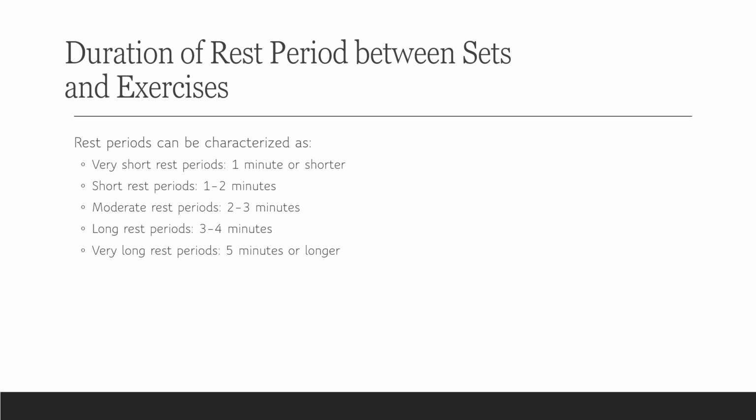The heavier the resistance, the more rest that should be allowed between sets and exercises. Also, more rest allows for a greater number of repetitions to be performed at a specific RM load. The gradual use of shorter rest periods stimulates improvements in the body's blood bicarbonate and intramuscular buffering systems.